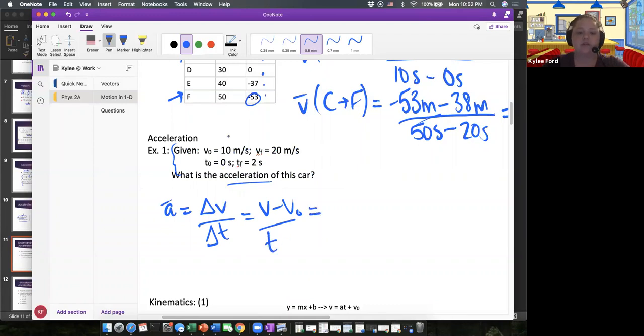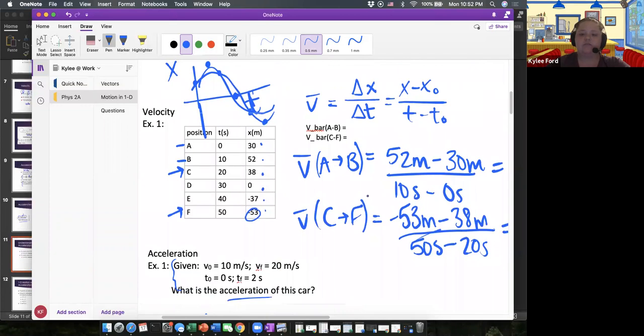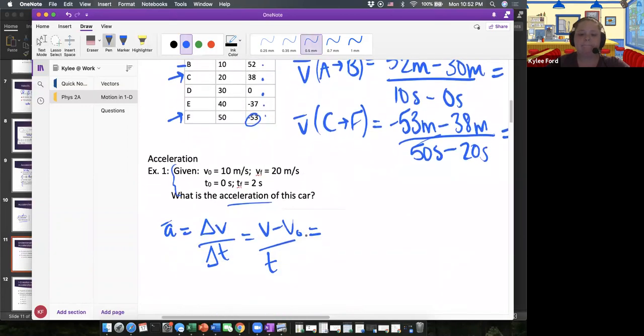Since our initial time is 0, we don't have to calculate it like we did before. So we have 20 meters per second as our final velocity, minus our initial velocity, 10 meters per second, divided by our time, 2 seconds.